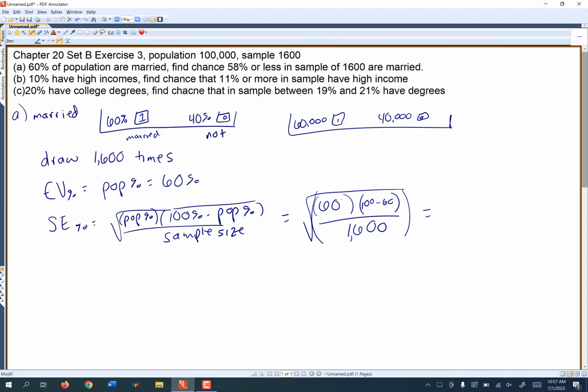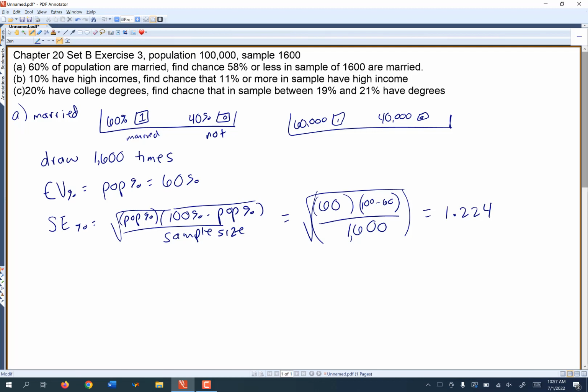Like you might want to do the times first, then divide, and then when you're done, take the square root of everything. So that's what I usually do. I'm going to do 60 times 40 divided by 1,600, and then take the square root of it to get 1.224.